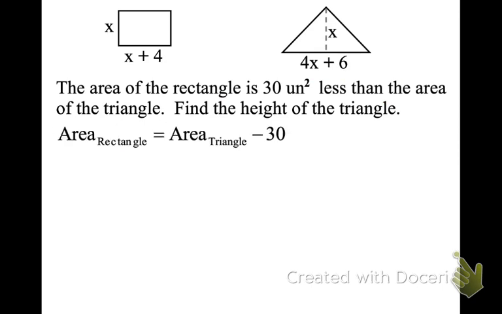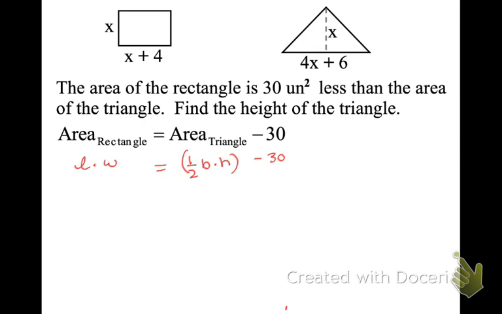Now, how are we going to get the area of a rectangle? We end up using the formula length times width. How do I get the area of a triangle? Remember, it's 1/2 the base times the height. So now we're going to substitute.